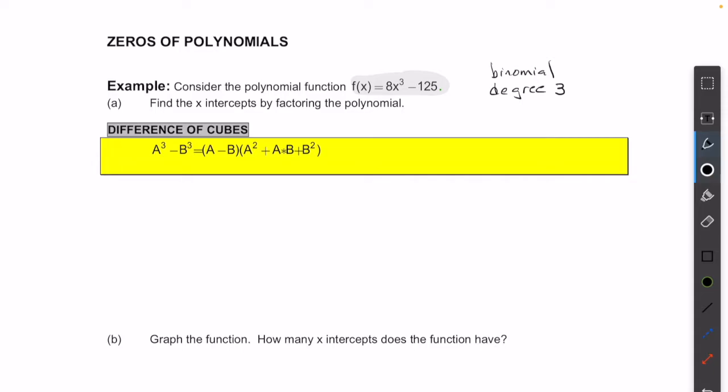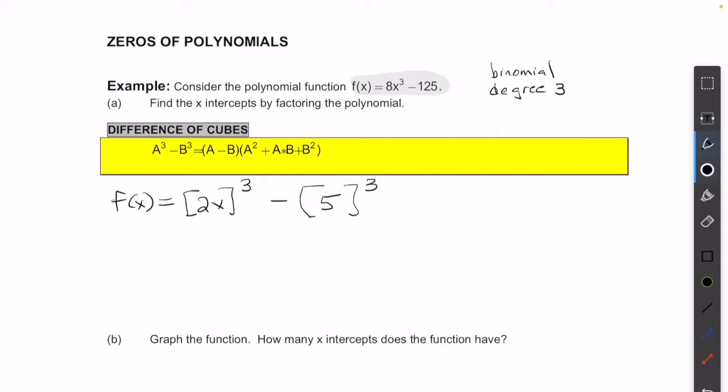So what I want to start to do is look at each term and write them as their perfect cubes. So I notice 8x cubed is 2x times 2x times 2x, or 2x to the third power. And 125 is 5 times 5 times 5.